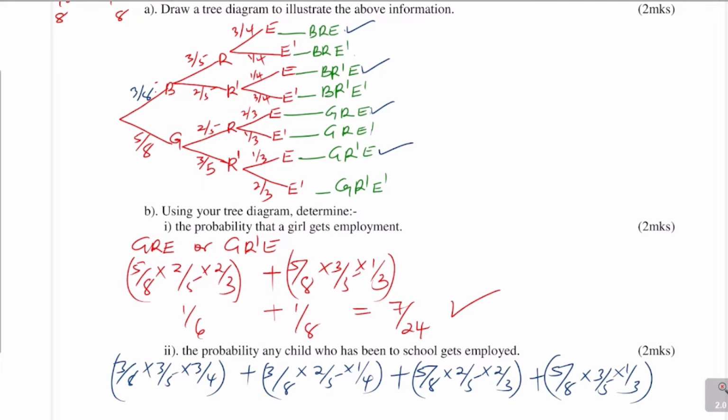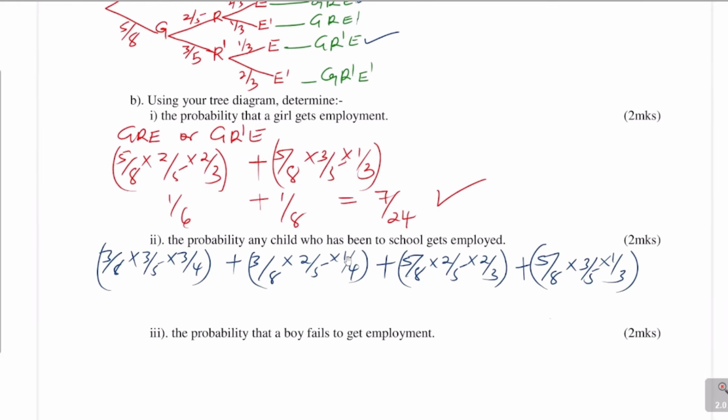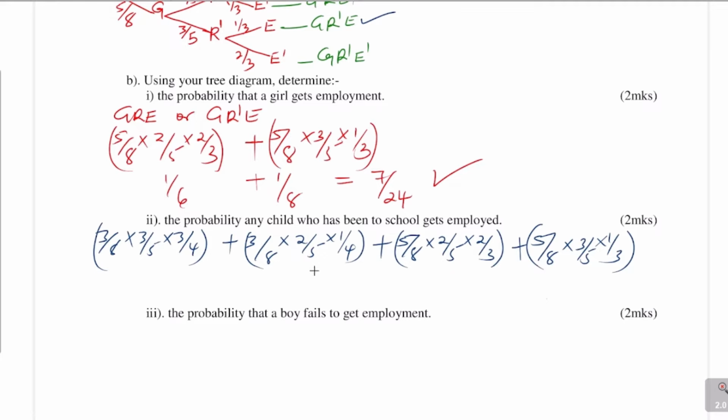So that is how anybody who went through the school, only that they never finished Form 4, but they were in school and they got employed. So I'll work out these, 3/8 times 3/5 times 3/4, using a calculator and simplify. This will give 27 divided by 160. Then the other one, 3/8 times 2/5 times 1/4, gives 3/80.